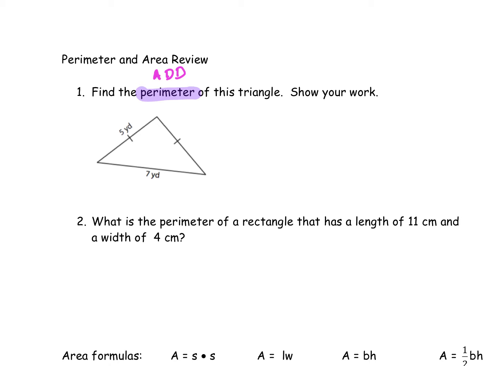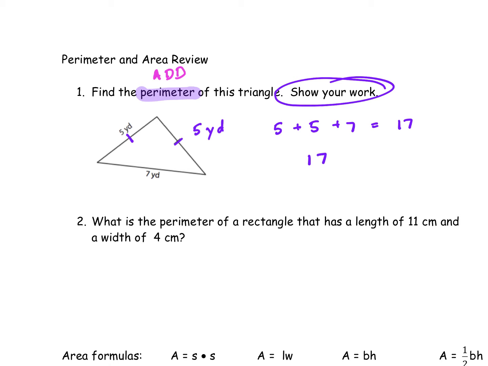So as I look at this triangle, it says show your work, by the way. I notice that I only see two of the sides, so I have to add up all of the sides. And these little hash markings mean that these are the same. So this is also 5 yards. So to show my work, I'm going to go all the way around the triangle. 5 yards plus 5 yards plus 7 yards equals 17.